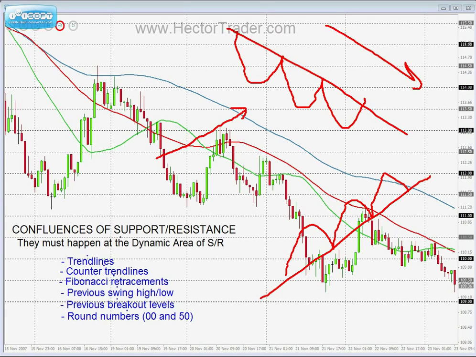I know this might seem a little bit difficult to understand, but no worries. In a few minutes I'm going to show you some real examples of what a counter trend line is, and you will understand it very quickly.